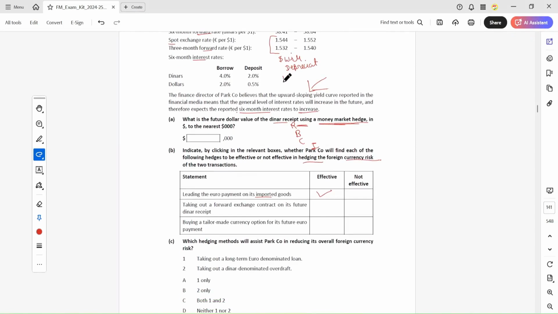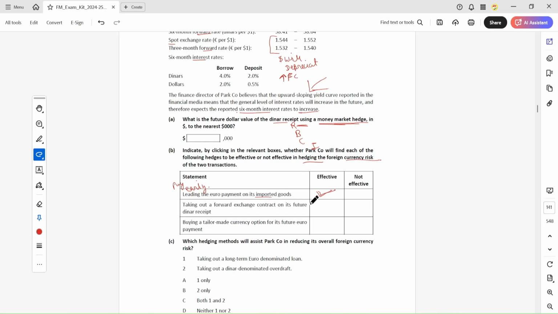It means the foreign currency will appreciate, so we will pay more in the future. So we will try to pay early in order to avoid the risk. So this is correct.